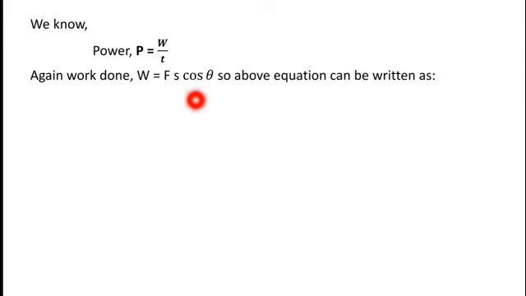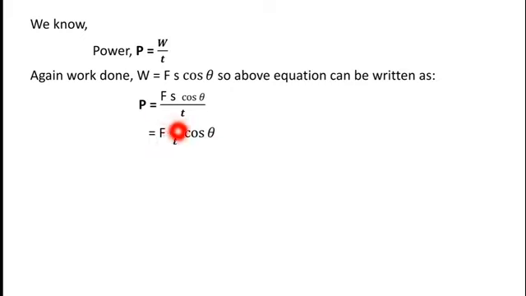So if we use this formula for the work done, then what can we write? P equals, in place of W we can write F into S into cos theta, divided by T. This can also be written as capital P equals capital F into S by T into cos theta.